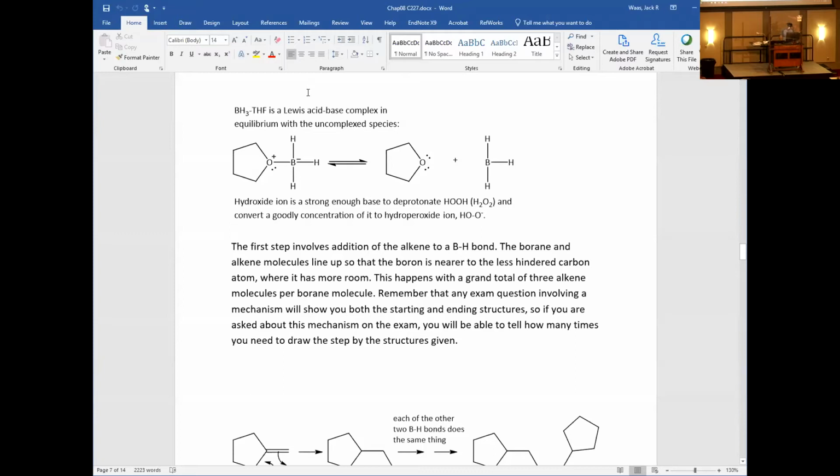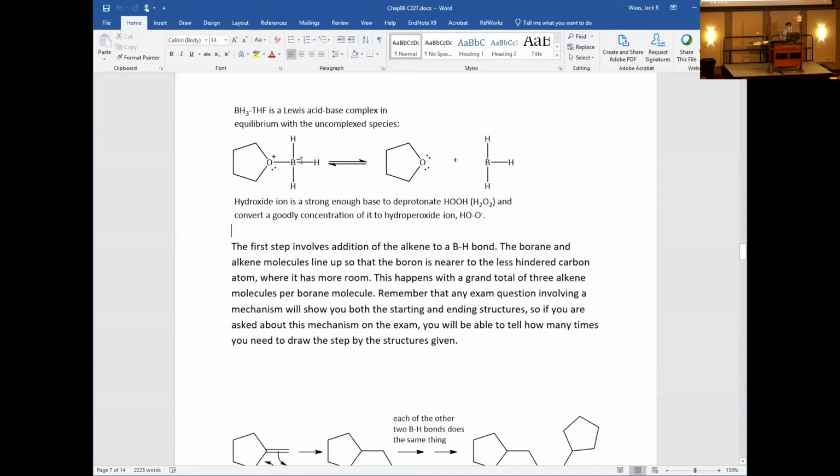We need to keep those things kind of separate. Because THF by itself as a solvent is certainly a thing that we will use from time to time. And actually, borane THF is sold as a solution in THF solvent. You can buy it, I think generally 1 molar, 1 mole per liter. And it's not expensive. It's easy to get a hold of.